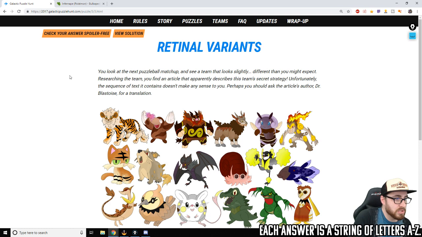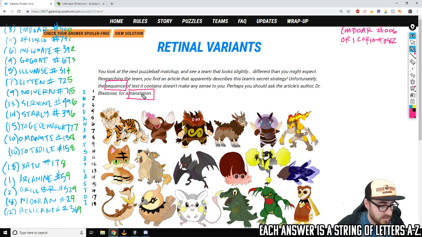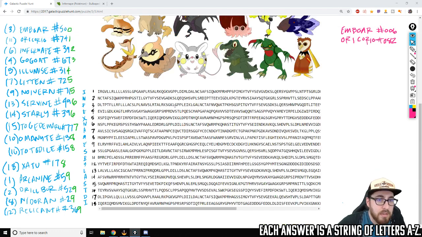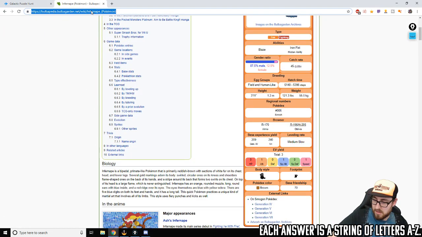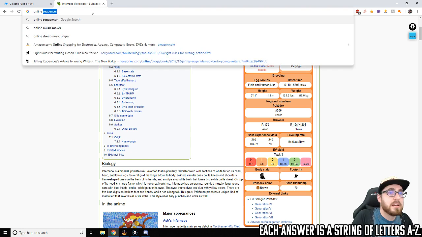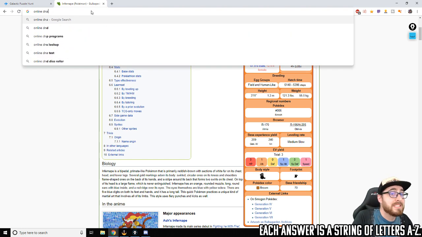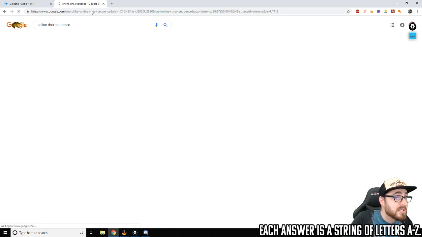So, translate is a tool which allows the translation of a nucleotide sequence to a protein sequence. Now, I think it would make sense that we should be able to come up with something for this. There should be a thing for that. We have all these sequences. They're called sequences, which is medical in nature. So there should be online, what, DNA sequence?